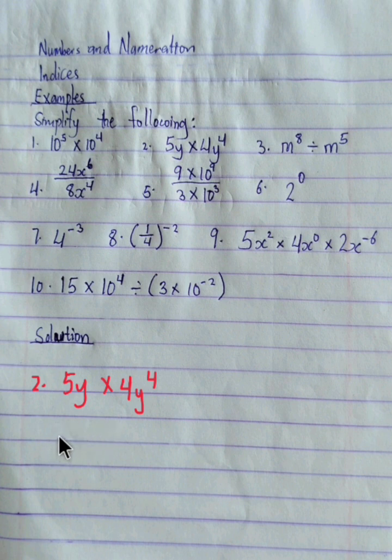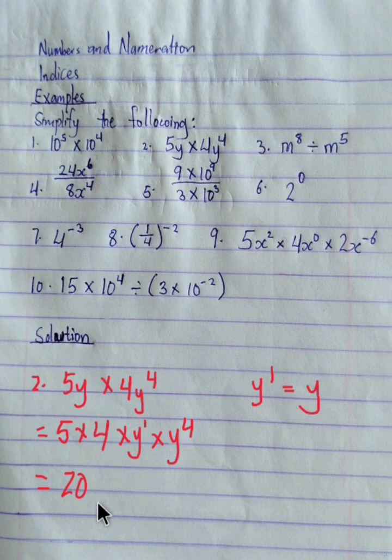So we can rearrange this and have 5 times 4 multiplied by this y times this y raised to the power 4. 5 times 4 is 20. Now, there is one hidden one here. So y raised to the power 1 is equal to y.